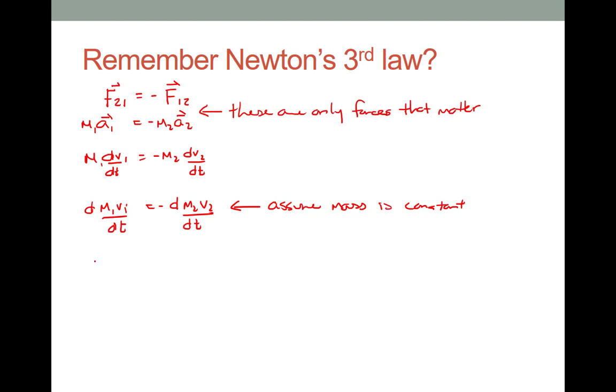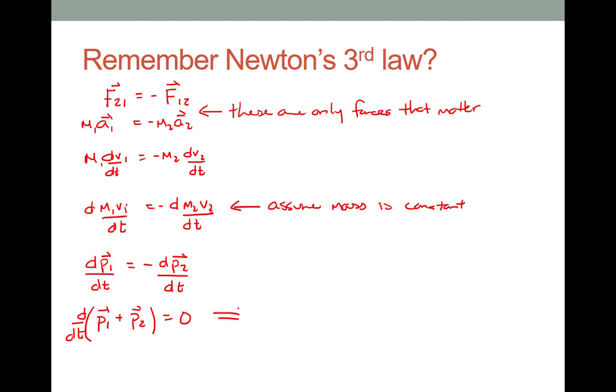Okay. And now I can define this as change in momentum 1 over time. And if I bring the right-hand side over to the left and pull the differential out in front, I find that d by dt of the combined momentum of my two objects, P1 and P2, equals 0.